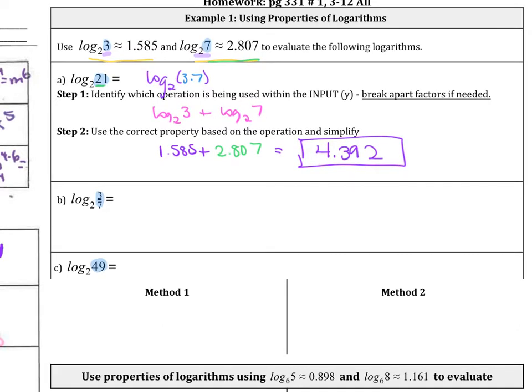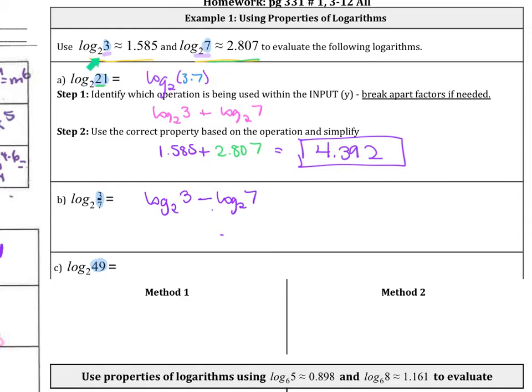Now we have log base 2 of 3 over 7. Again, we're only using 3 and 7, so this is pretty quick. We can see that we have 7 and 3. What does it mean when we're dividing? When we're dividing these numbers, it means we can subtract. So let's rewrite it: log base 2 of 3, the numerator first, minus log base 2 of 7.